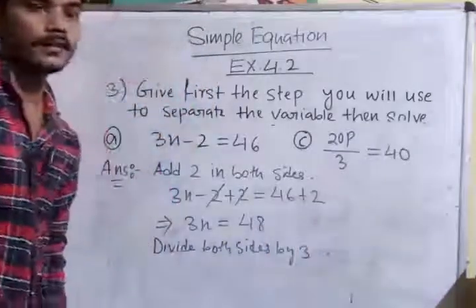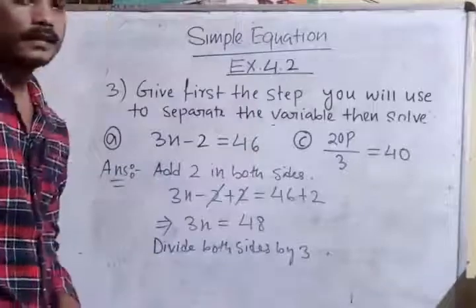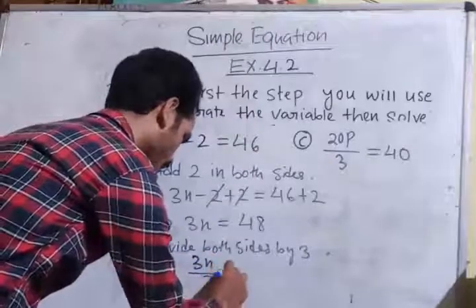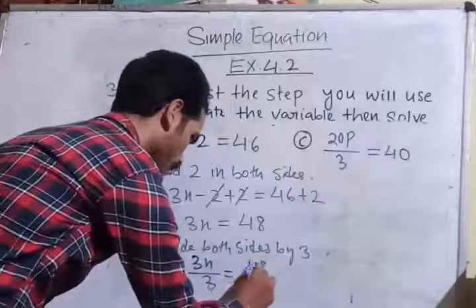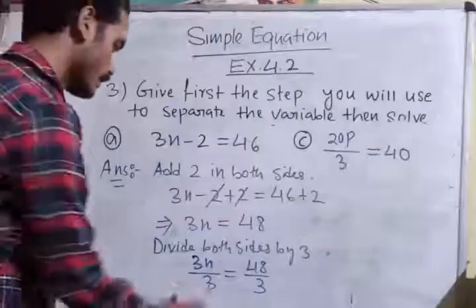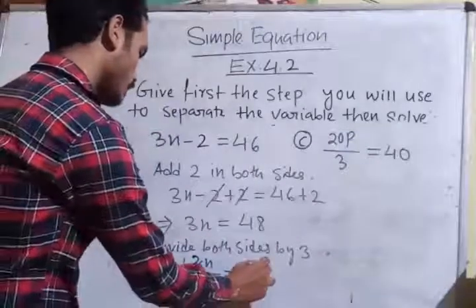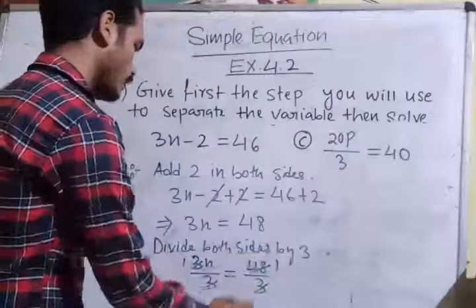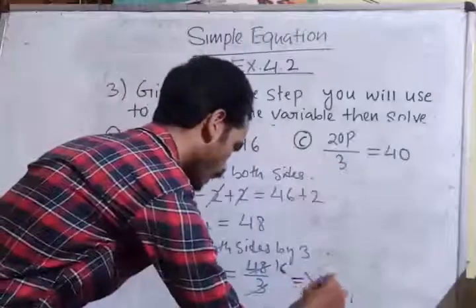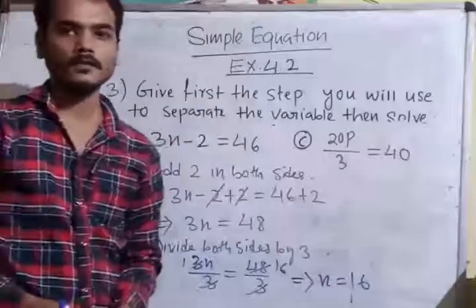If you divide both sides by 3, then what you will get? 3n by 3 equal to 48 by 3. Now 3 and 3 cancel out. 48 divided by 3: 3 ones are 3, 1 carry 18, 3 6s are 18. So your answer is n is equal to 16.